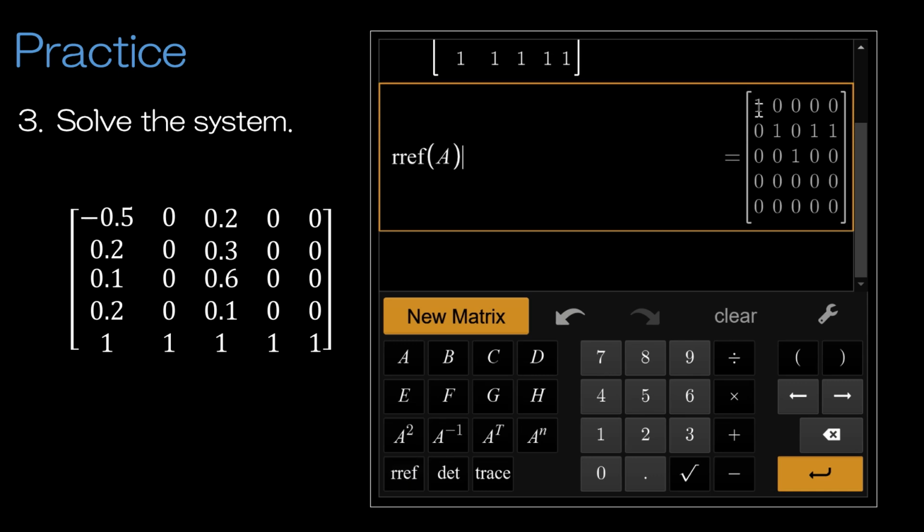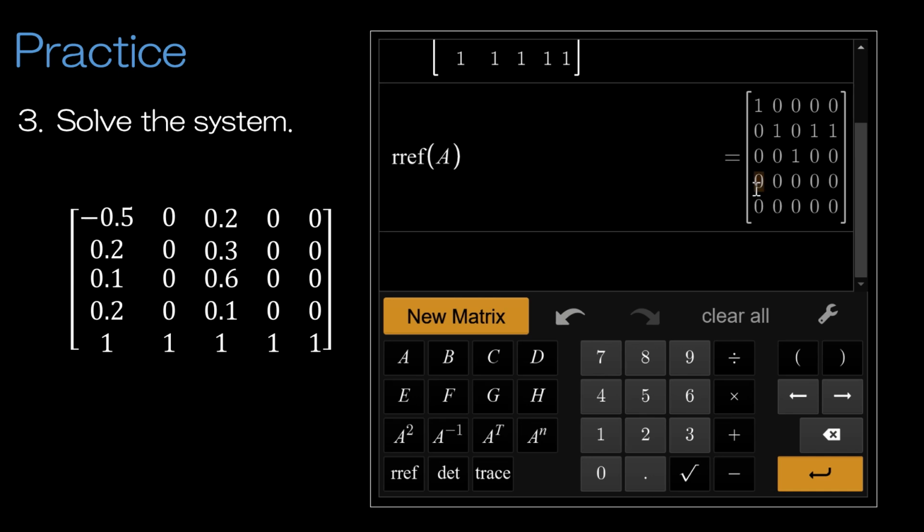And that solution says that 1x1 is equal to 0, 1x2 plus 1x4 is equal to 1, 1x3 is equal to 0, and now I have 2 rows. So this is the first time that I have 2 rows of zeros.